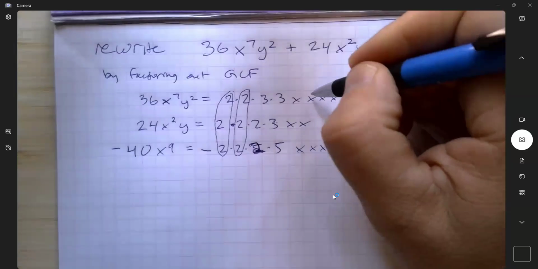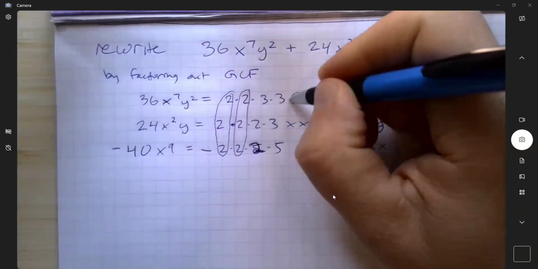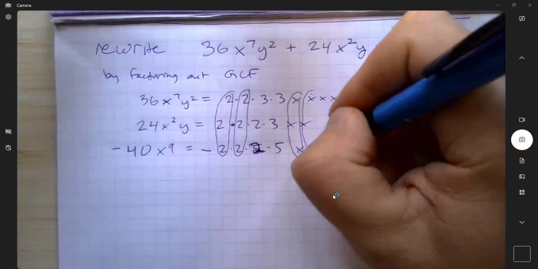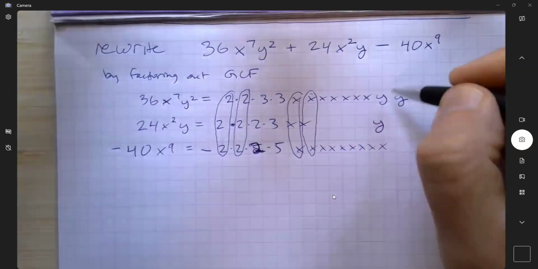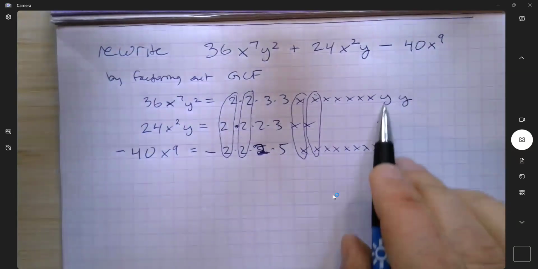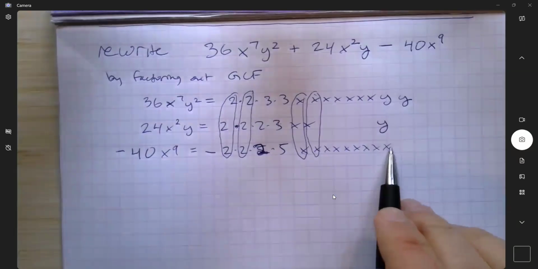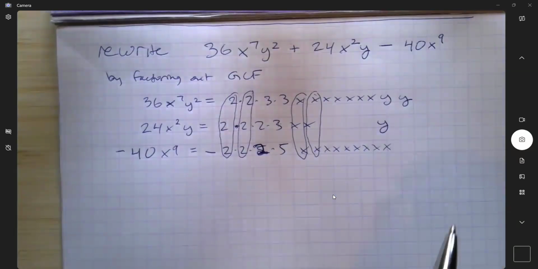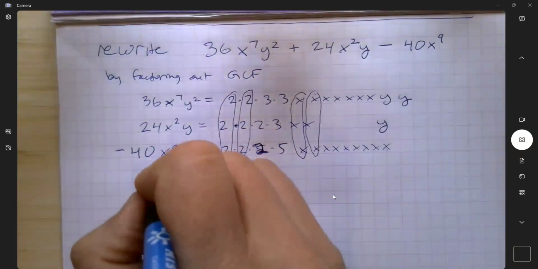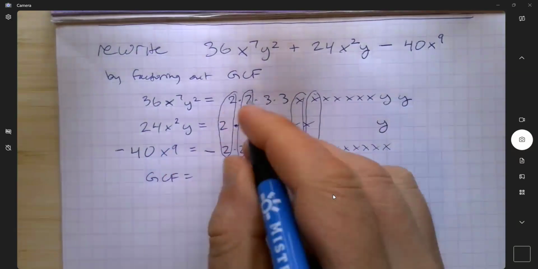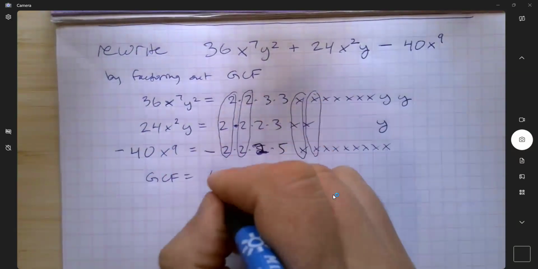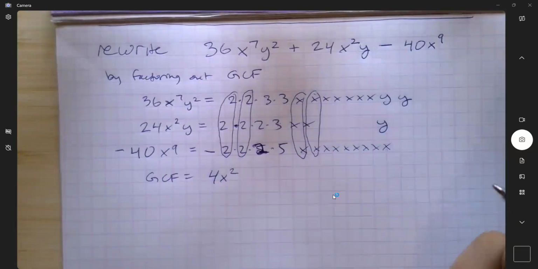And now looks like I have 2 x's that are shared. Ooh, and no y's that are shared across all of them. So my GCF is 2 times 2 times x squared, 4x squared.